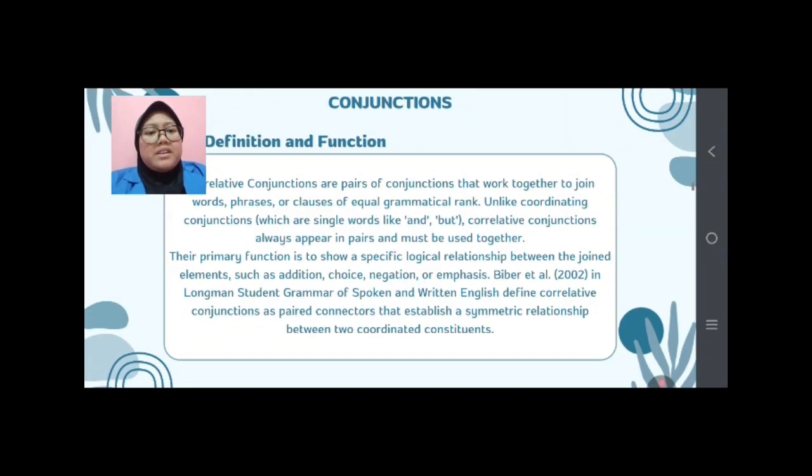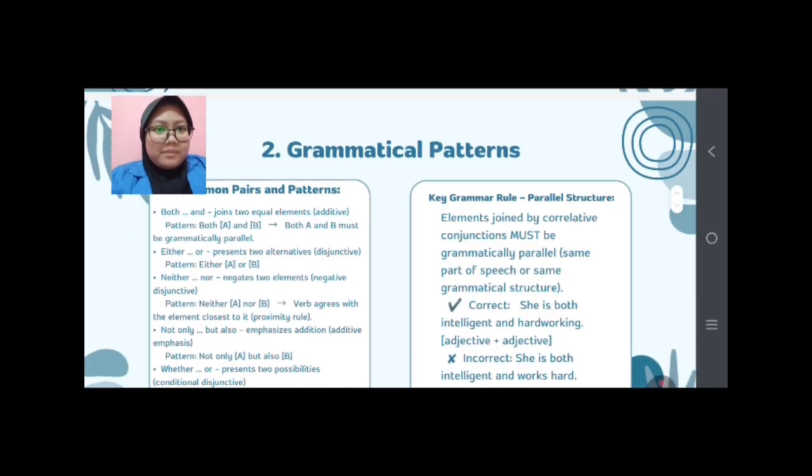Their primary function is to show a specific logical relationship between the joined elements, such as addition, choice, negation, or emphasis. Biber et al., in the Longman Student Grammar of Spoken and Written English, define correlative conjunctions as paired connectors that signal the relationship between two coordinate constituents.